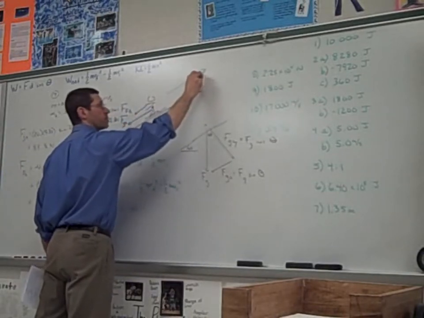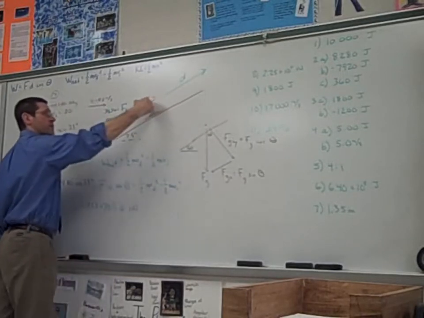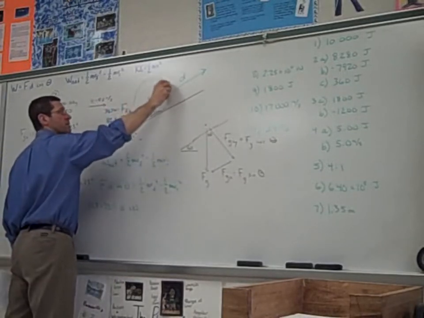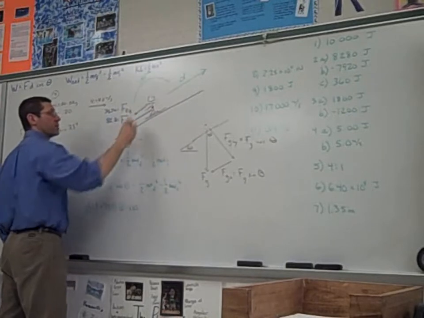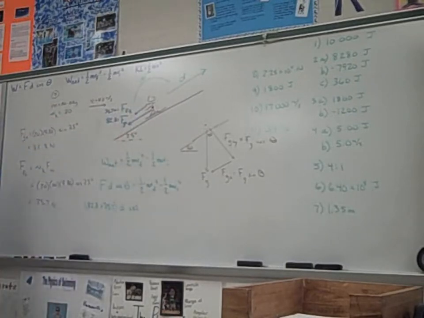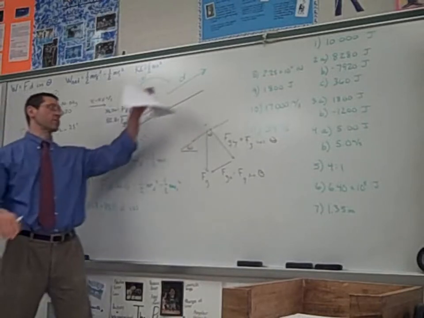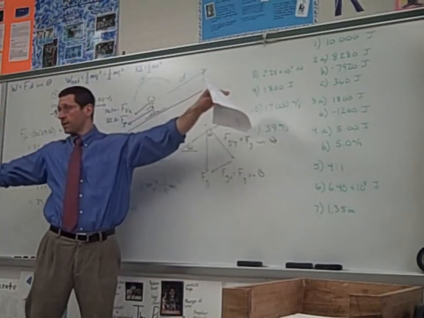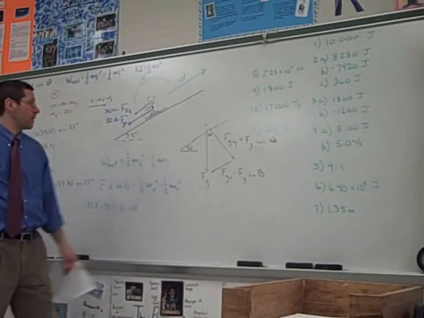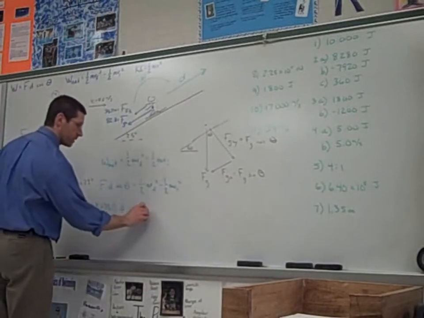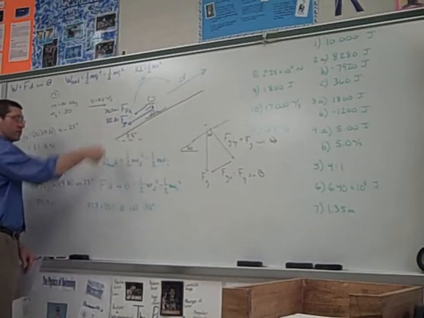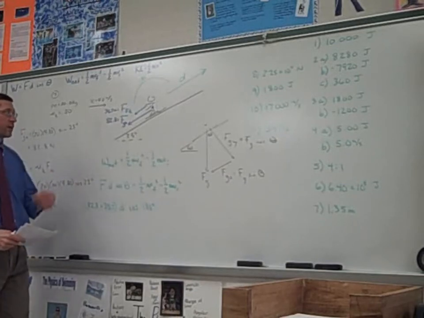Josh, you had it right. The displacement is up and the forces are down, right? That is 180 degrees. So it's not the angle of the incline. It's the angle between the displacement and the force. If displacement's that way and force is like that, that's 180 degrees, okay? So 180. And that's because these forces are going to do negative work. They're going to take away the kinetic energy.